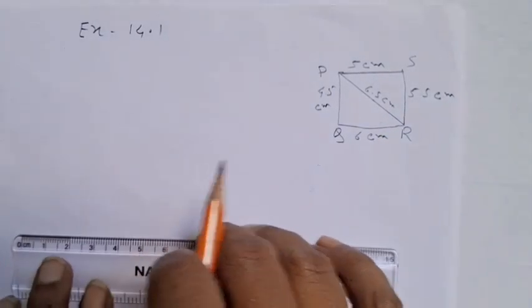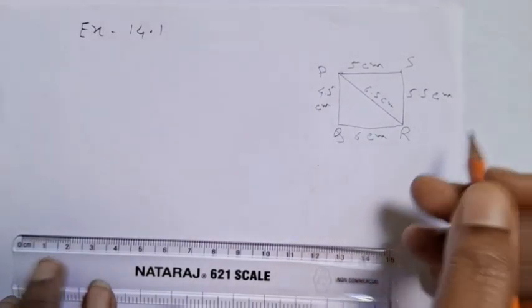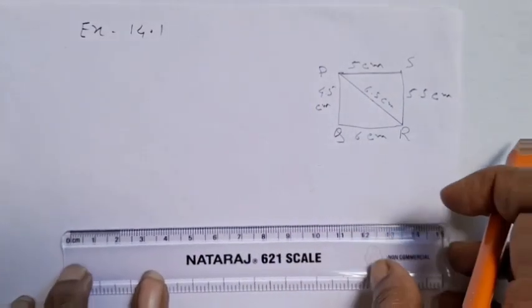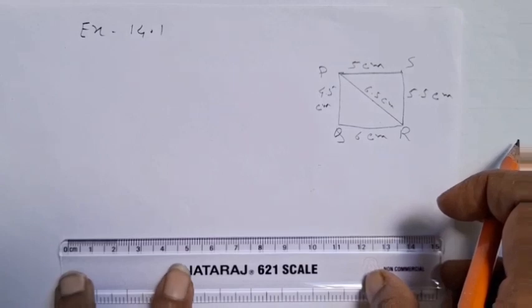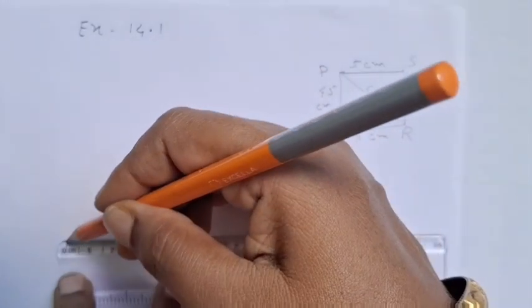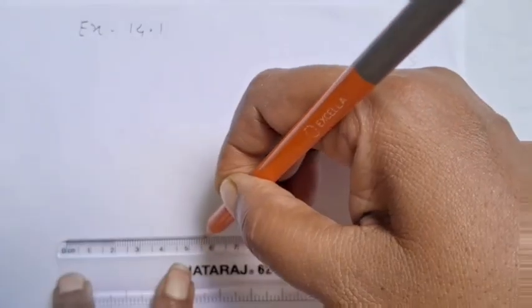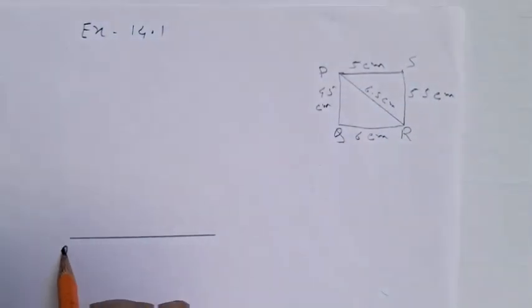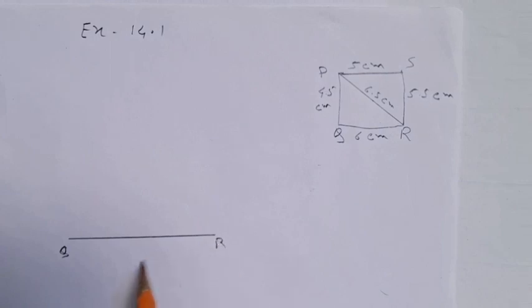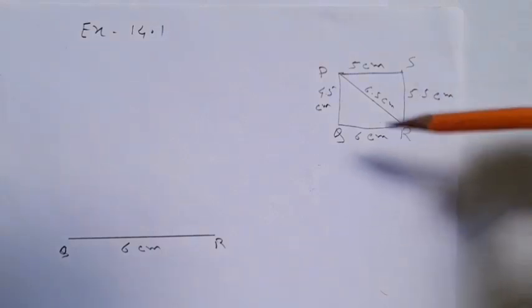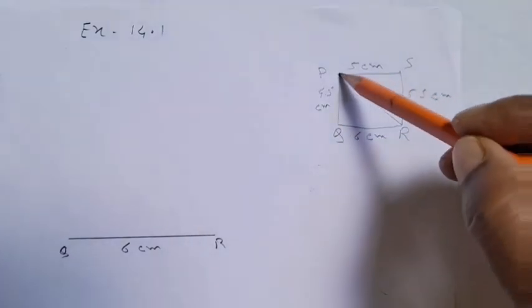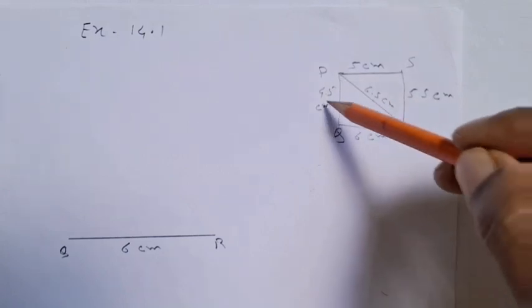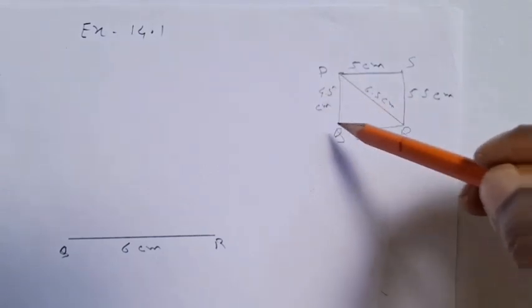Now I draw the base QR, which is 6 cm. And now I am going to draw the point P, which is 4.5 cm away from Q.